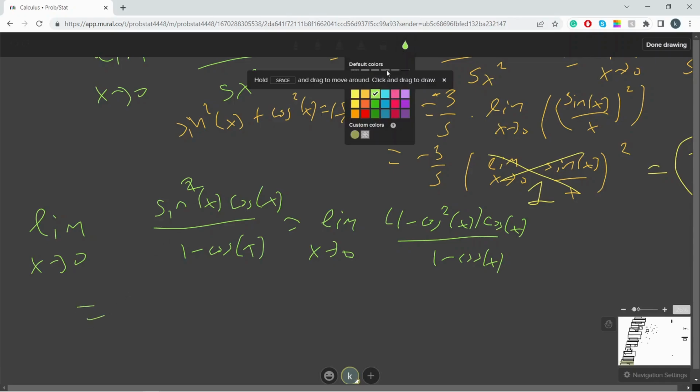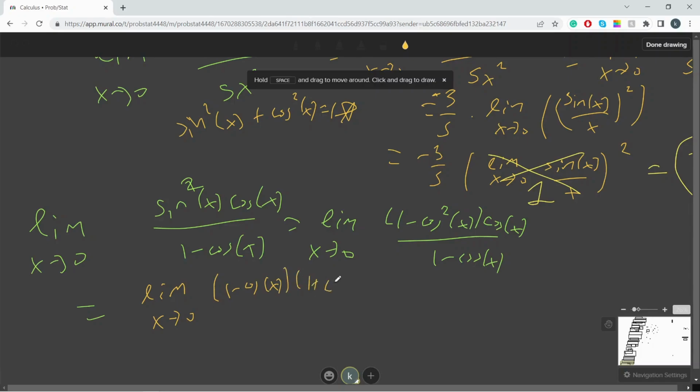This is going to be equivalent to the limit as x approaches 0 of 1 minus cosine x, 1 plus cosine x, cosine of x, over 1 minus cosine of x. And it's nice that we did this factoring using the difference of squares pattern, because these terms cancel. And now all we can do is plug 0 in, right?